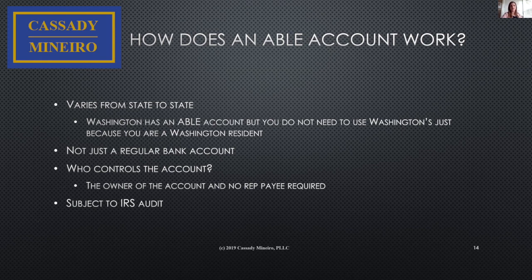That's again state by state basis, but it's not like you can just use your debit card to access the funds immediately. At least not in any of the states that I am familiar with. If somebody knows of a state that you can order a debit card and it just swipes directly to the account, let me know.